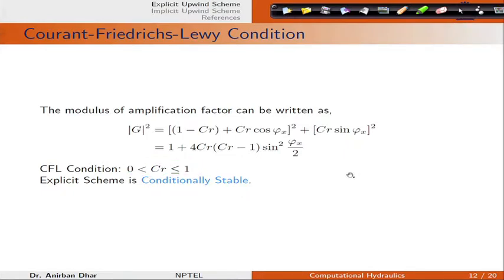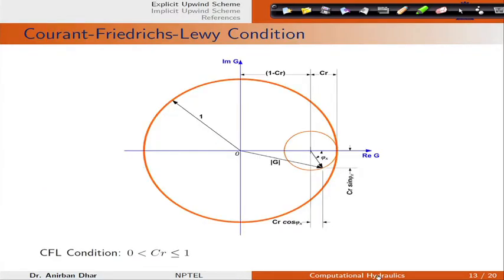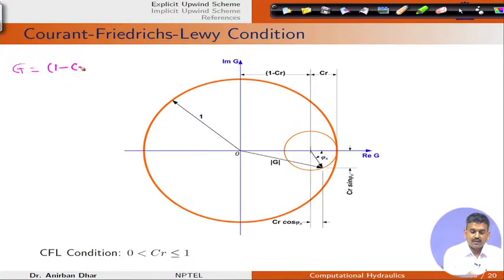Now, from a geometrical point of view, we can represent G, where G is equal to 1 minus CR plus CR cos phi x plus square root of minus 1 within bracket minus CR sin phi x.